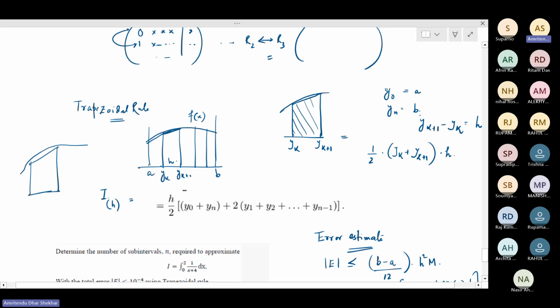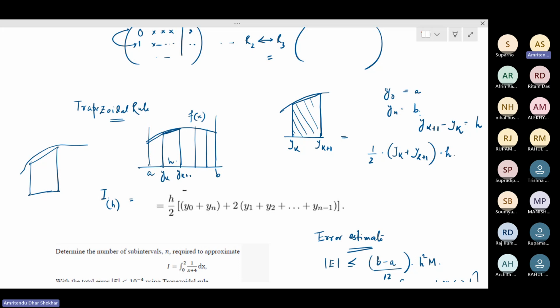And this is the first order approximation because the secant over here is going to be equal to the tangent at some point that lies within this interval. That's just the mean value theorem.